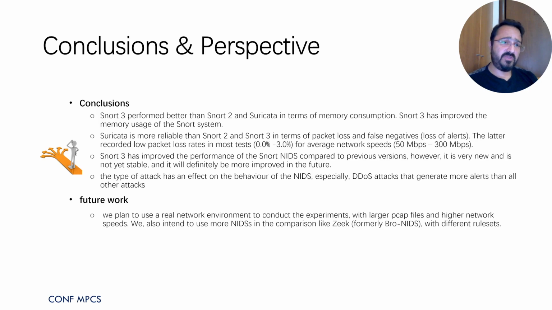Snort 3 has a better memory usage than all the Snort 2 systems currently. However, as you could see from the packet loss, etc., it needs more improvement in order to withstand more, let's say, throughput, especially when you deal with DDoS attacks.